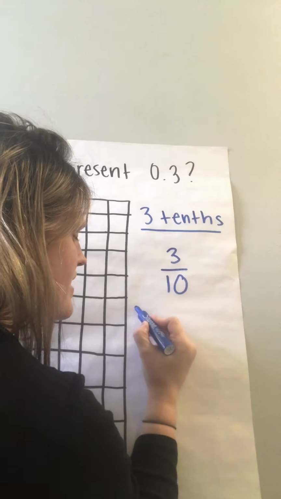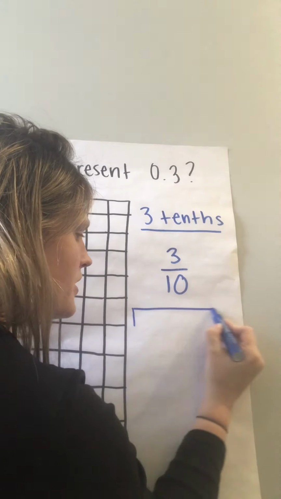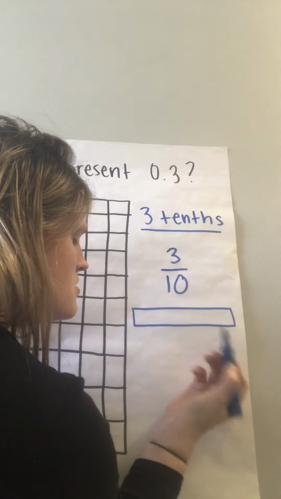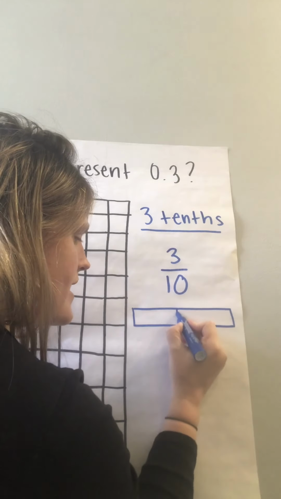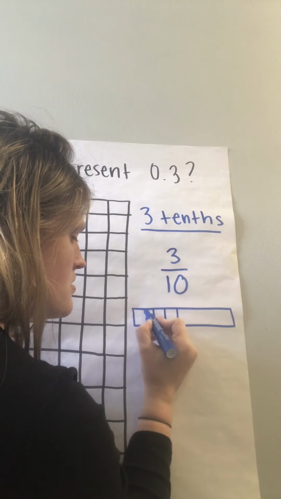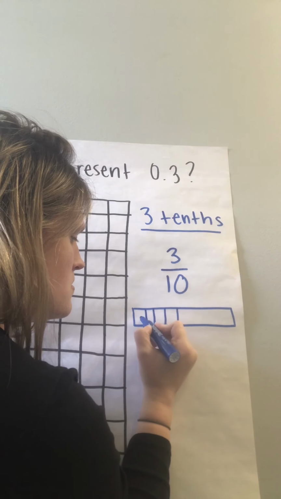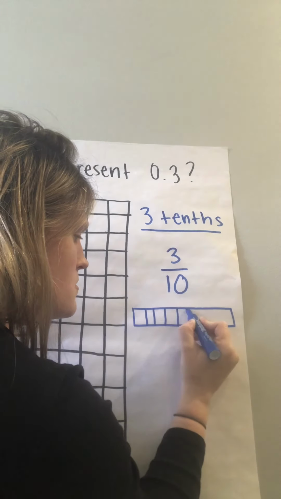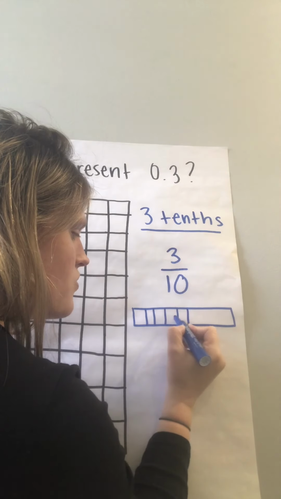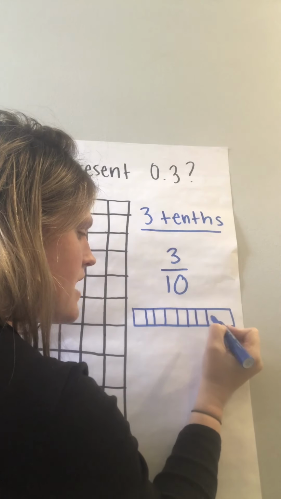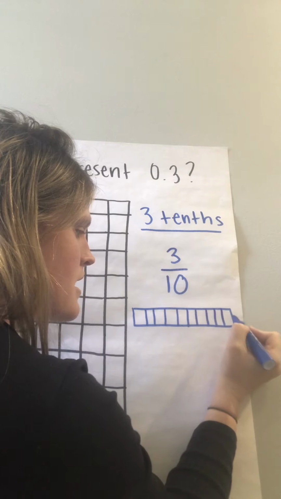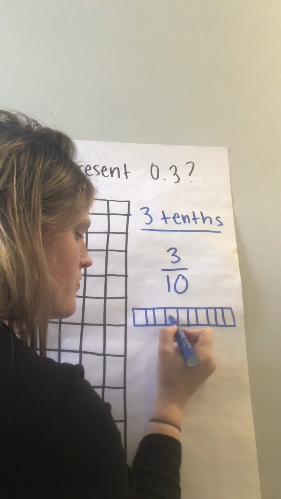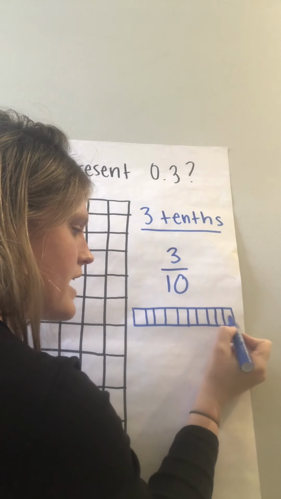3/10 means that if I had a model and I cut it into tenths, 1, 2, 3, 4, 5, 6, 7, 8, 9. Let me just double check. 1, 2, 3, 4, 5, 6, 7, 8, 9, 10.